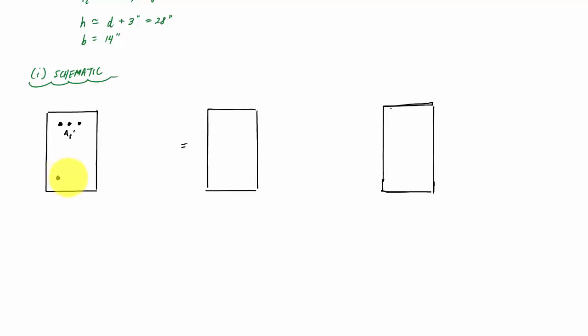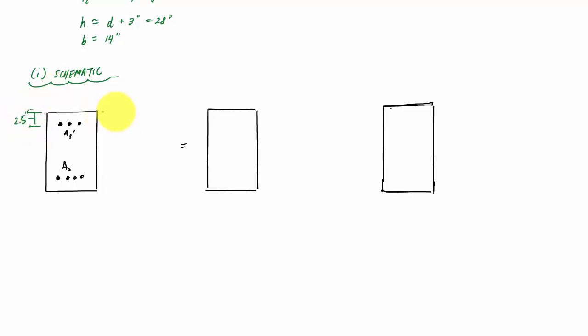Our final design is trying to determine As prime and As. We'll start with a d prime of 2.5 inches.